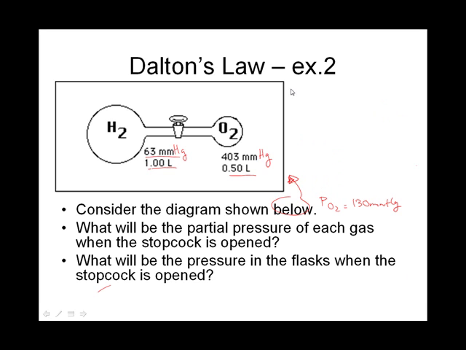So now let's start doing partial pressure of H2. I know once again that previously, before opening the stopcock, the pressure inside was 63 millimeters of Hg, and my volume was 1.00 liter. My P2 is what I'm looking for, the pressure inside after I open the stopcock, and the total volume afterwards is 1.50 liter.